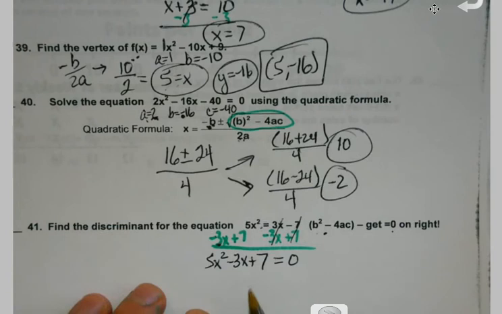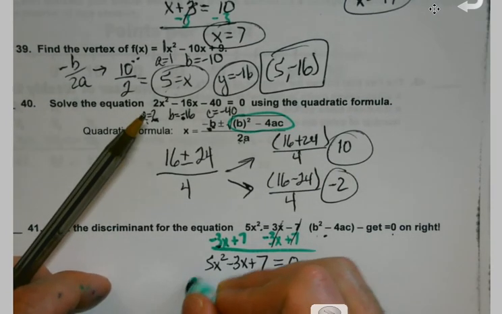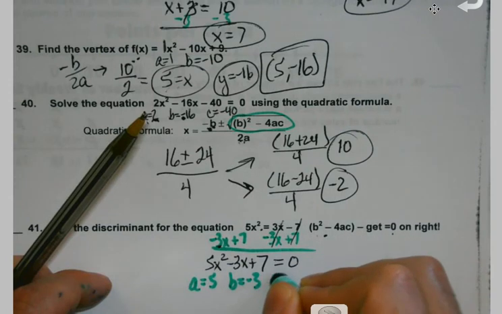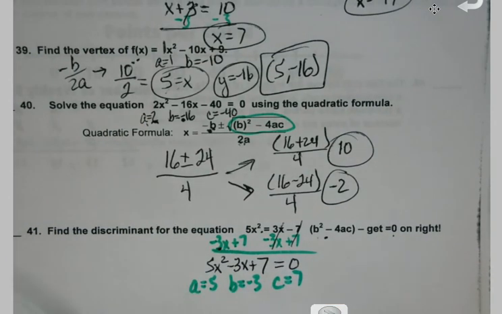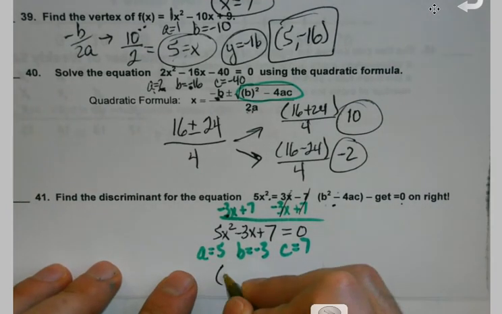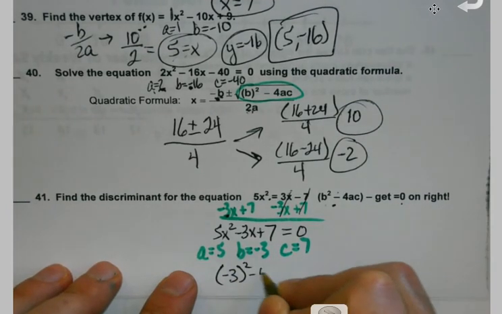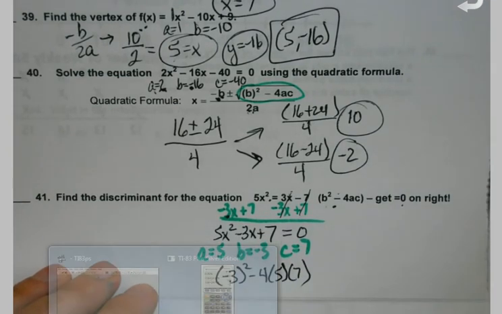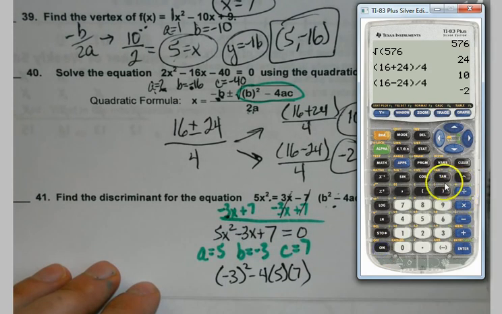And once I get everything on the right, now I can look at it and get my a, my b, and my c values and plug them into the formula. So b squared minus 4 times a times c. And to make sure this gets done well, I am going to let the calculator, oops, do its thing.